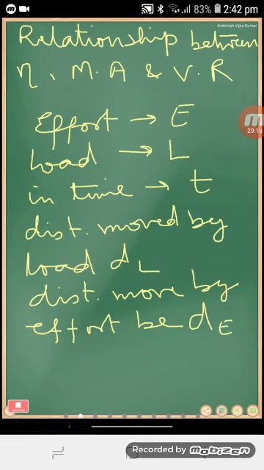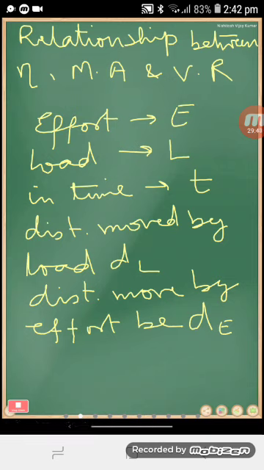So now we will calculate the work input. Once again I'll repeat it: we are considering a load L and an effort E is applied in the same time T, and the distance moved by the load is dl and the distance moved by the effort is dE.